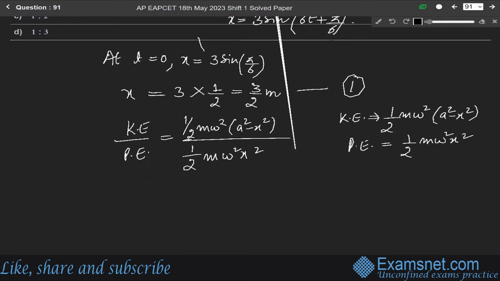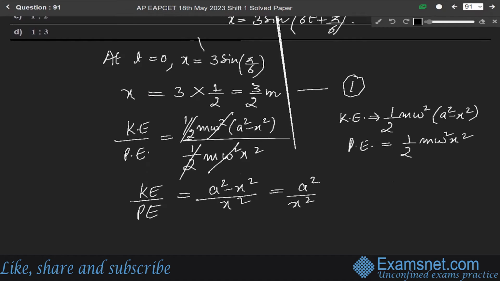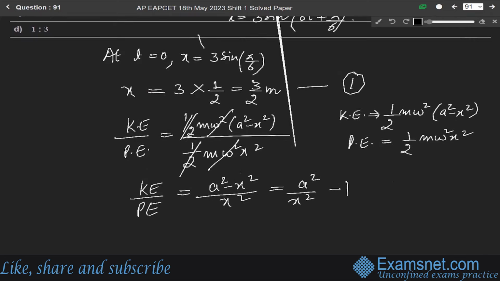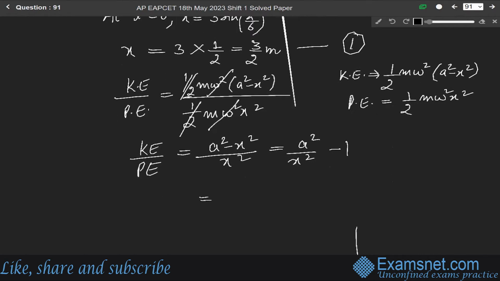Okay, now 1 by 2 m omega square cancels out each other. So kinetic energy over potential energy will be equals to a square minus x square over x square. So it will be equals to a square over x square, minus 1. Okay, so it will be equals to 3 square over (3 by 2) whole square, minus 1.